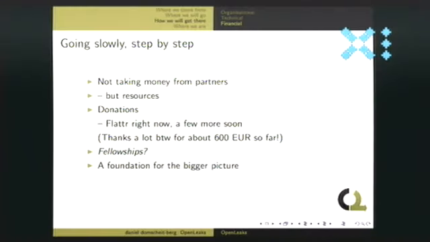And then there has been much talk about this already: there's going to be a foundation for the much bigger picture. That's something we're working on here in Germany. I hope that's going to happen sometime towards summer. So we would like to create an NGO, a lobby organization that is representing the people's voice in this whole transparency debate.